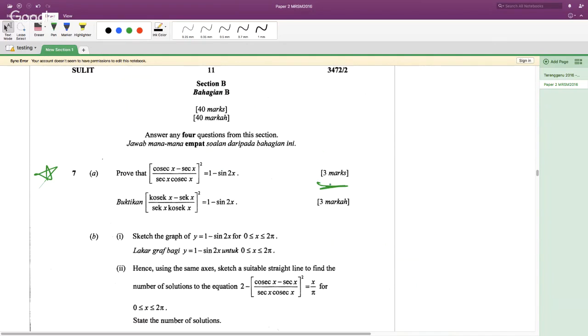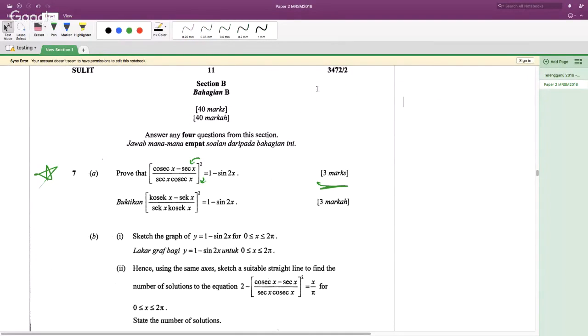Okay, for these questions, actually it's not really difficult, but you shouldn't panic whenever you see this kind of question. From here, I try to square both, but this one has a minus. If you straight away assume this is secant square x cosecant square x minus secant square x, then you get the whole thing wrong, because you can't just square like this.